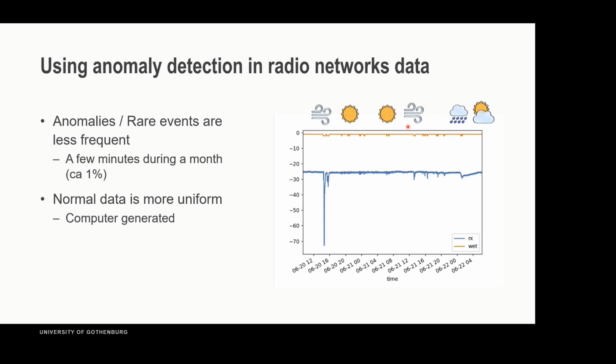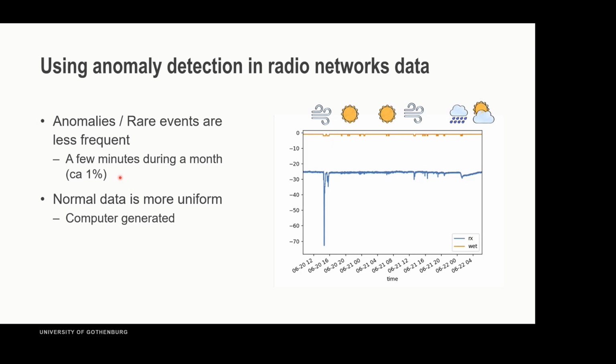So if we go to a definition where the rare event, this anomaly, is only a few minutes during a month, that's actually how this works. It's usually only a few minutes of rain that make any impact on the radio signal during the month.